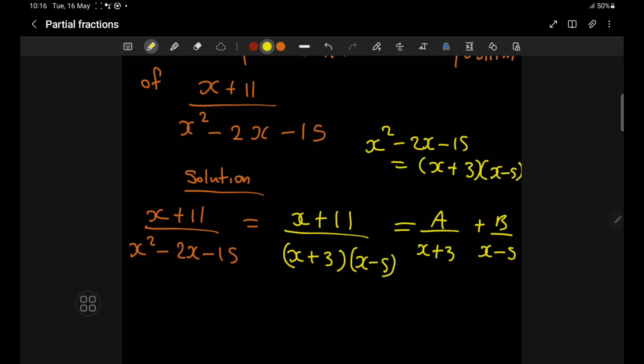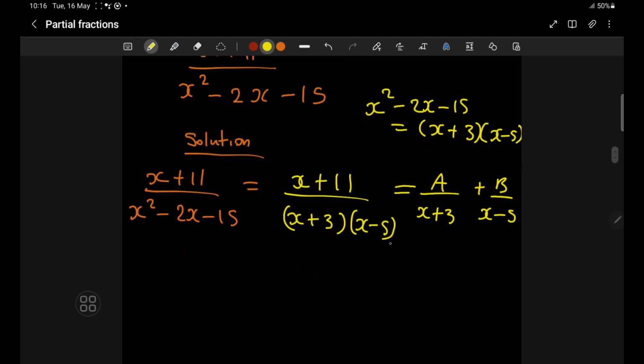To now solve this, we'll multiply both sides of the equation by the least common denominator, which is x plus 3, x minus 5.